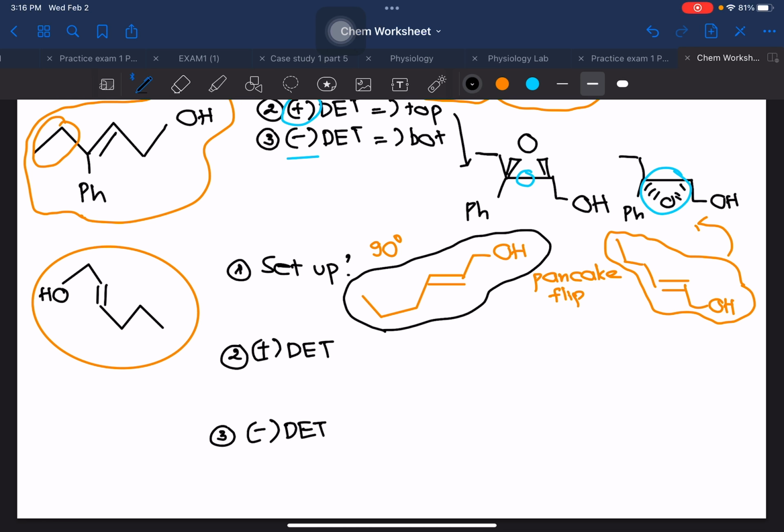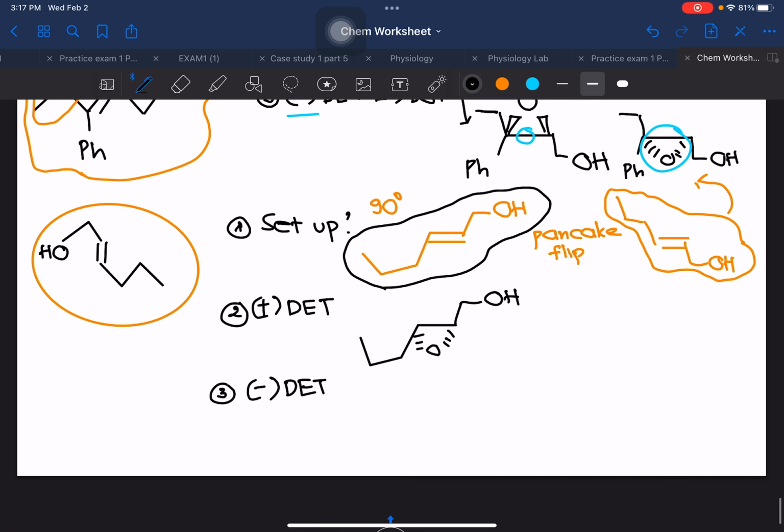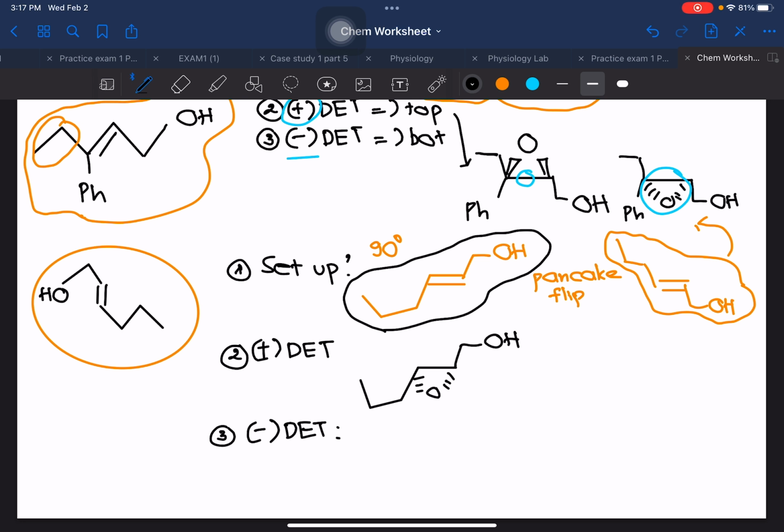Now, if you're exposing that to plus DET, you will then see your epoxide being formed downwards, because now your OH is on the top right. And if you expose that same thing to negative DET, now it will be different. It will be forming to the top, right?